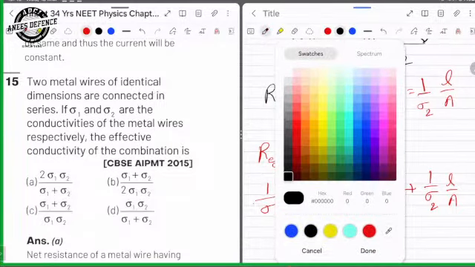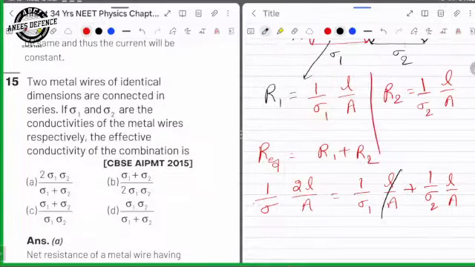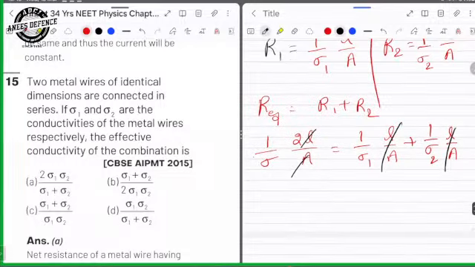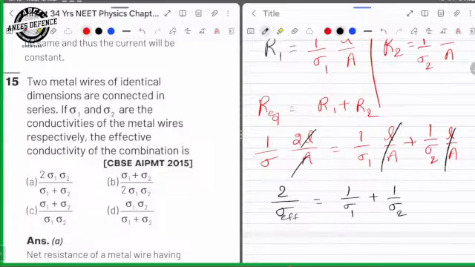You can take L by A common. That will cancel, right? So after solving, what will you get? 2 upon sigma effective is equal to 1 by sigma 1 plus 1 by sigma 2. After solving, you get sigma 2 plus sigma 1 upon sigma 1 into sigma 2.